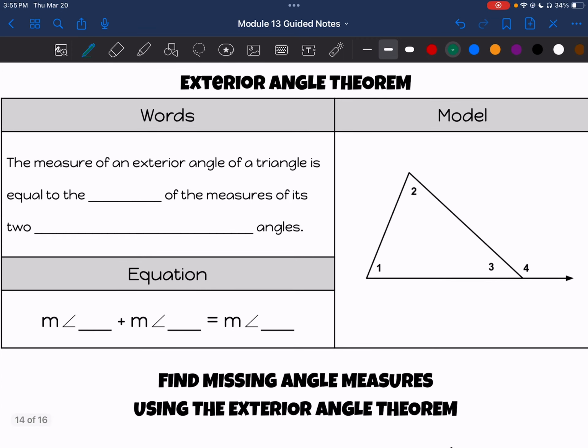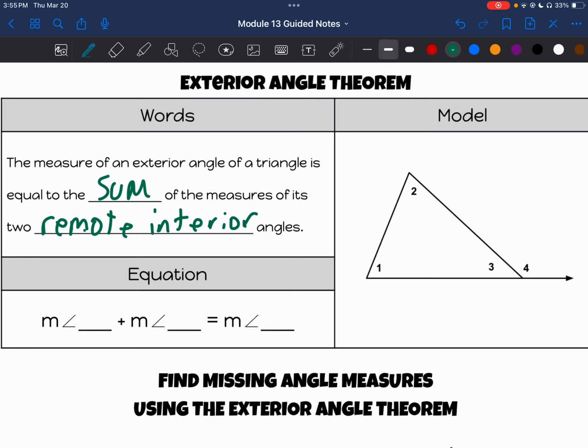Well, we talked about this a little bit yesterday where I introduced what an exterior angle is. So now let's look at the theorem itself and what it tells us. The measure of an exterior angle of a triangle is equal to the sum of the measures of its two remote interior angles.